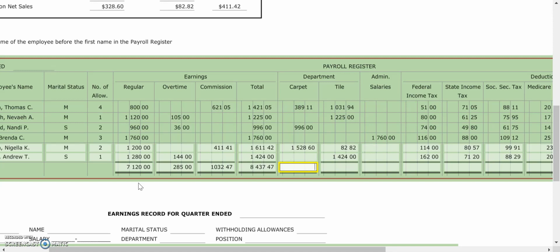The carpet department earned $29,137.11, and tile made $3,763.76. And our lonely administrative sales was $1,760.